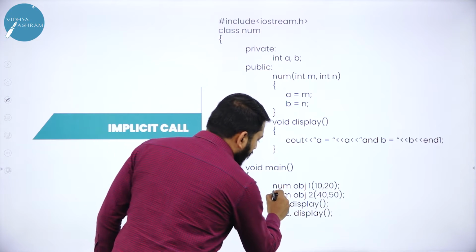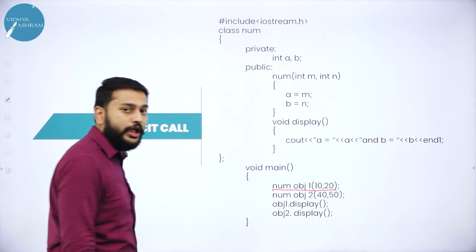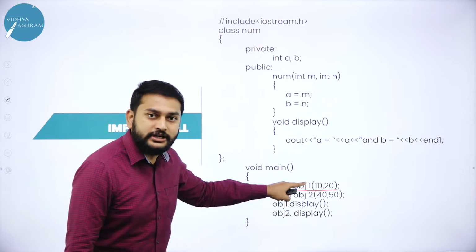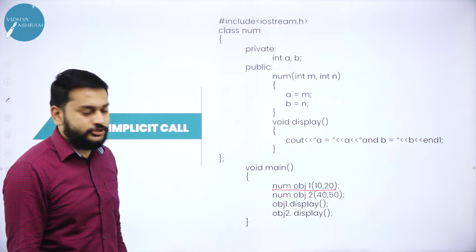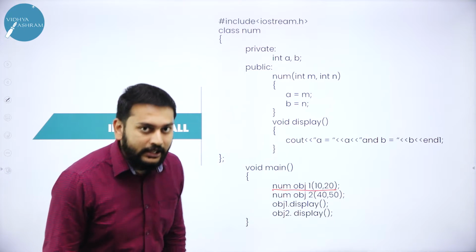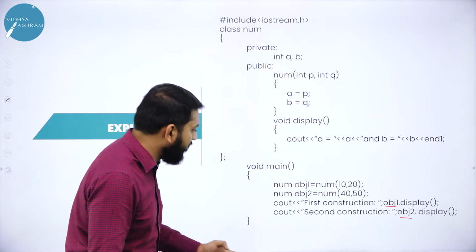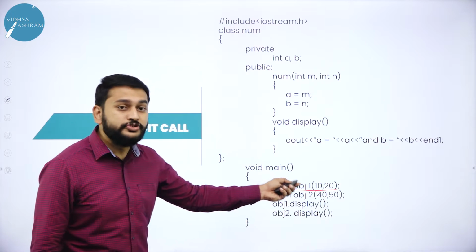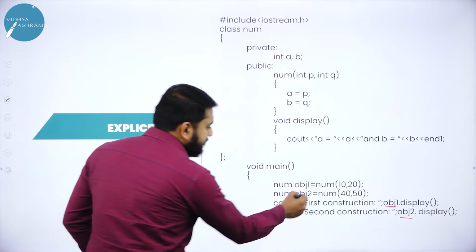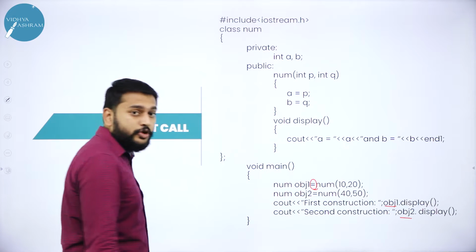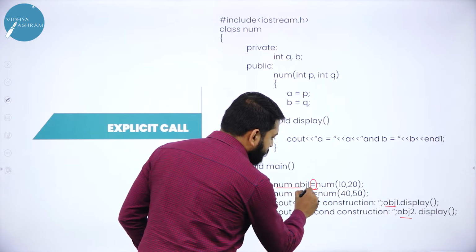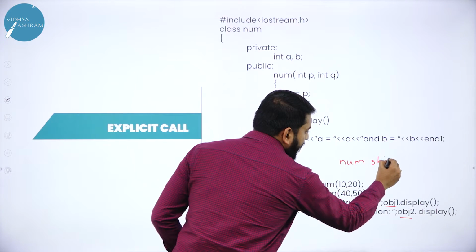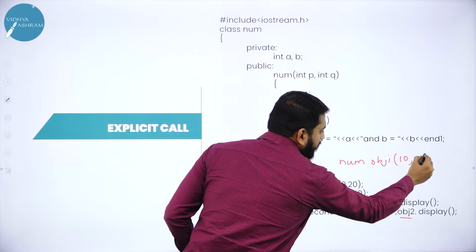My dear students, observe this statement. What am I doing? I have a class name as Num and I have an object name, and I'm passing two values, 10, 20. Observe this carefully. Num object 1. I don't have the equals sign here; I'm not writing this part. Instead, I write Num object 1 and pass some values, let's say 10, 20.